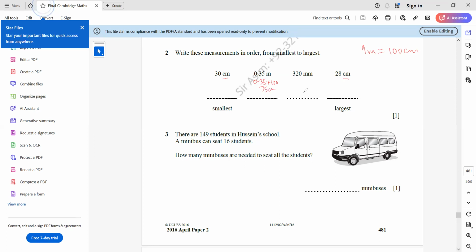And the same goes for this 320. We need to do the millimeter conversion. When we need to convert this 320 millimeters into centimeters, we use the same idea.